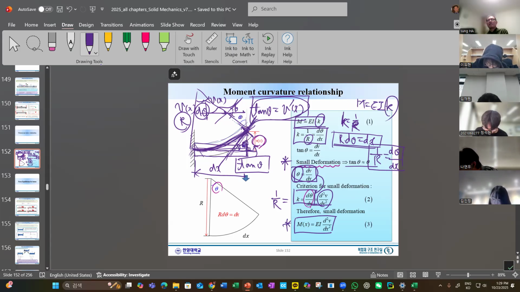There are several equations we have to understand or follow. This is the most important, very simple, but the fundamental equation we need to start with in beam theory. So again, moment equals EI times the second derivative.